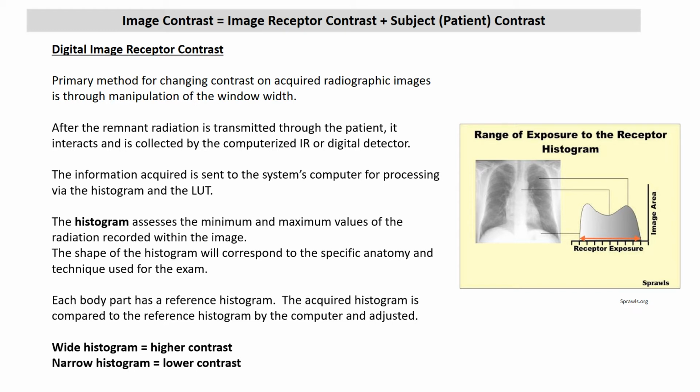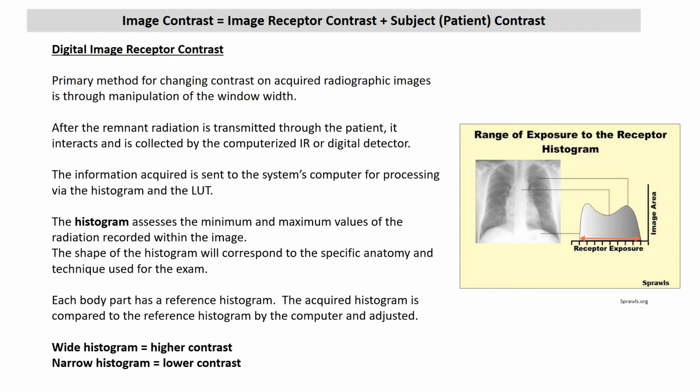What's going to happen then is if we have a wide histogram, wider histograms give you higher contrasting images, and narrow histograms give you lower contrasting images. So the computer is going to take the minimum and maximum values and look at them. Where are they at?